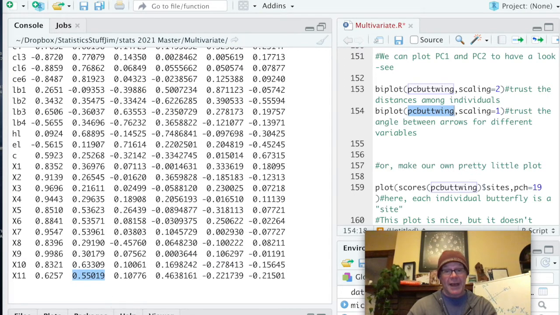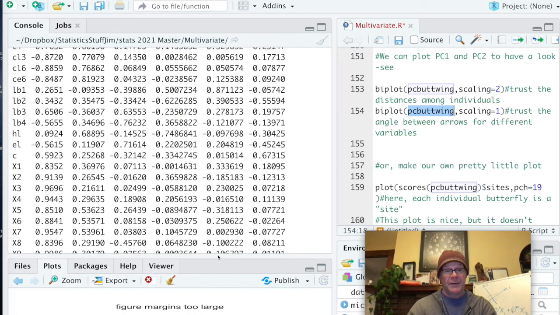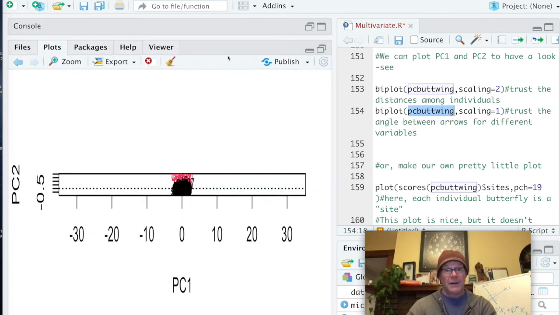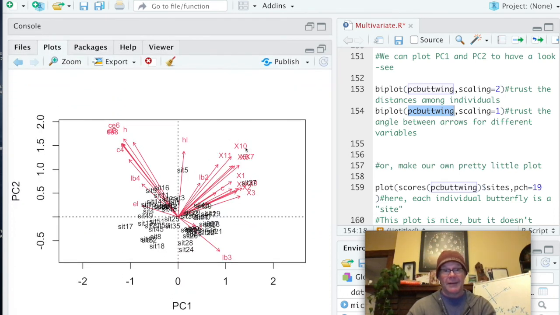So pretty much exactly what our plot said. Here's X10. On PC1, X10 is positive and H is negative. On PC2, they're both positive.